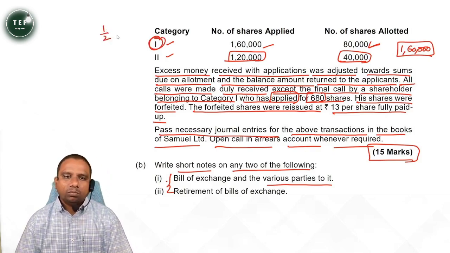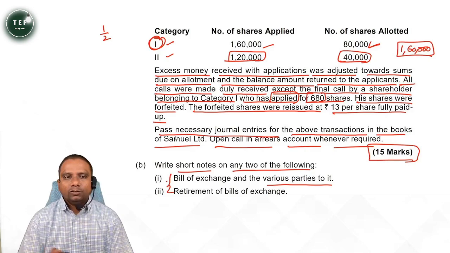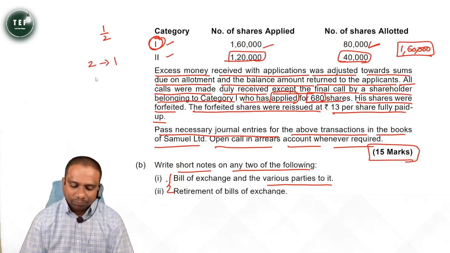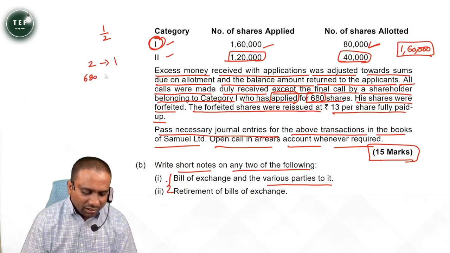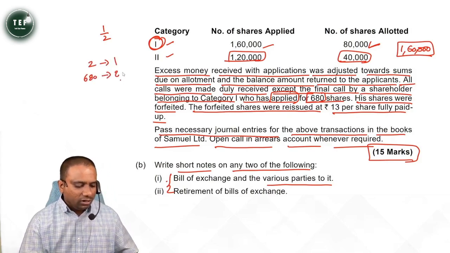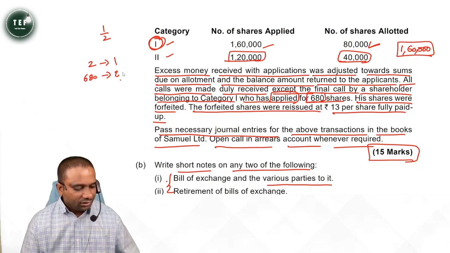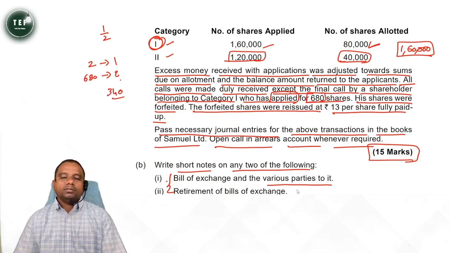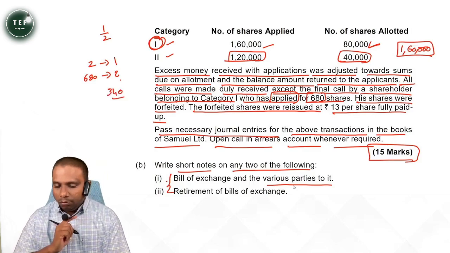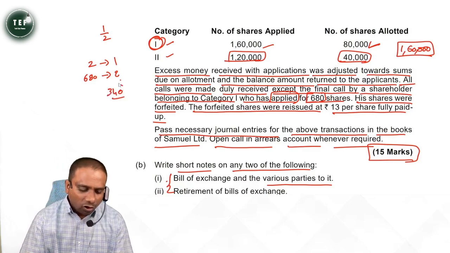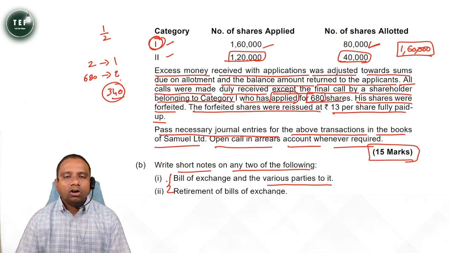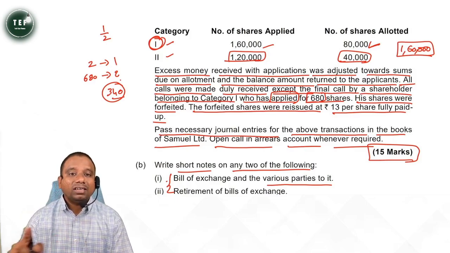That means 2 shares applied and we allotted 1 share. Now he is applying 680 shares, then how many shares we allot? 680 divided by 2, 340 shares we allot. That means we have not received final call amount on 340 shares, students.